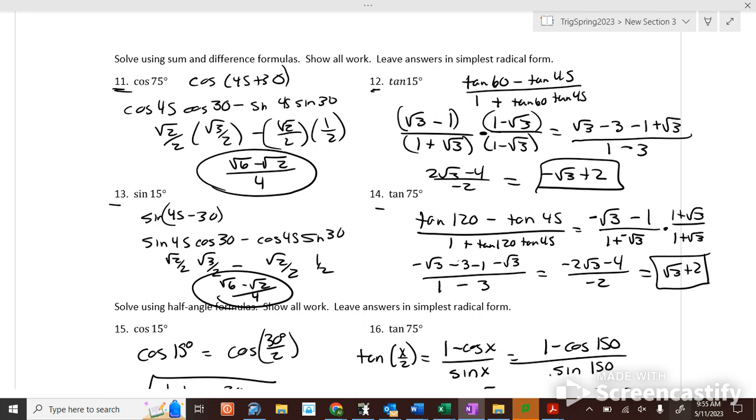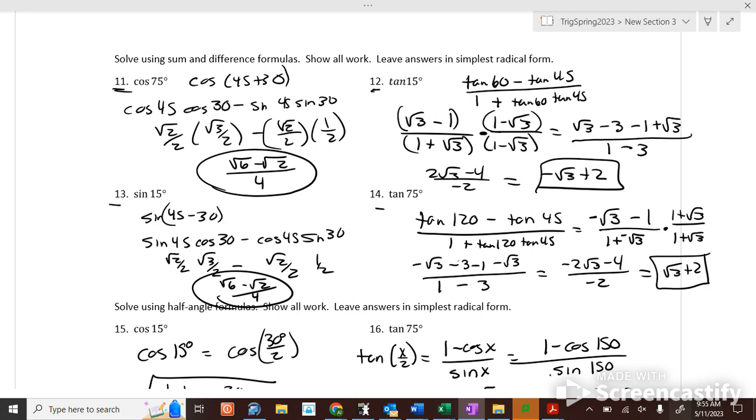So the tangent of 15 degrees is tangent 60 minus tangent 45 over 1 plus tangent 60 tangent 45. Tangent 60 is square root of 3, tangent 45 is 1. And over 1 plus the square root of 3. So you multiply by the conjugate of the denominator.